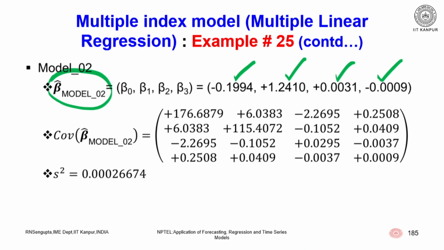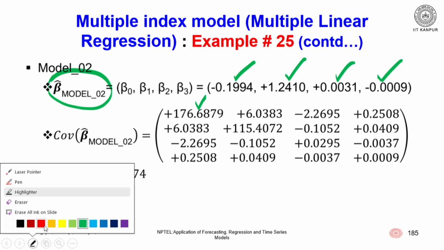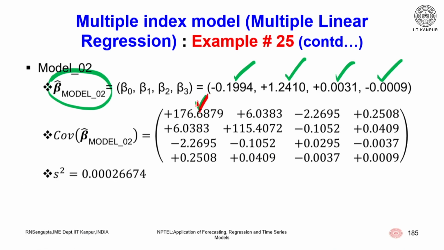Covariance now would be of size 4 cross 4, because the 1 cross 1 element, where I am putting the red tick mark, is the corresponding variance of beta naught. Beta naught is changing, the intercept can change, because this is a random variable, in the sense we are taking from the population and we want to find out the estimate.